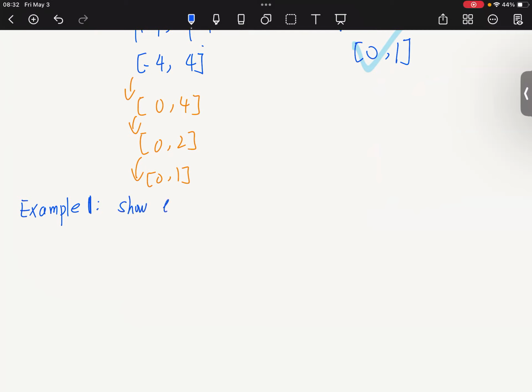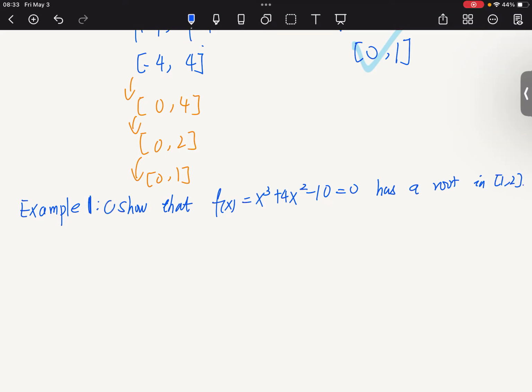so that we can understand the bisection method. So let's say, first we need to show that f(x) equals x cubed plus 4x squared minus 10 equals 0 has a root. So first you need to show that we have a root on the interval 1 and 2.